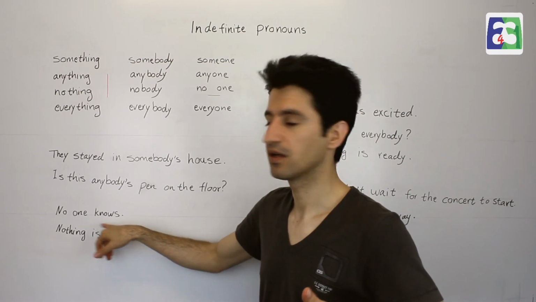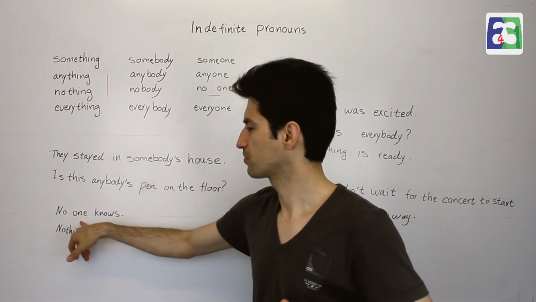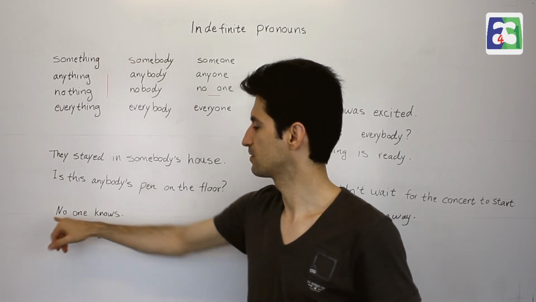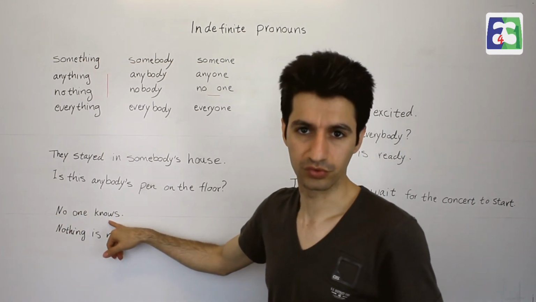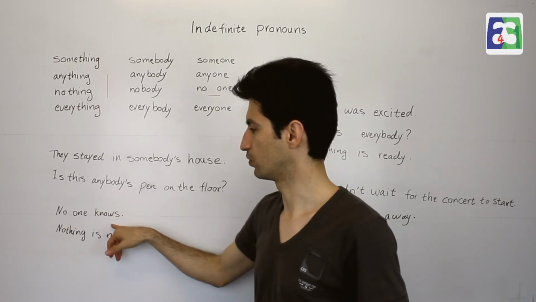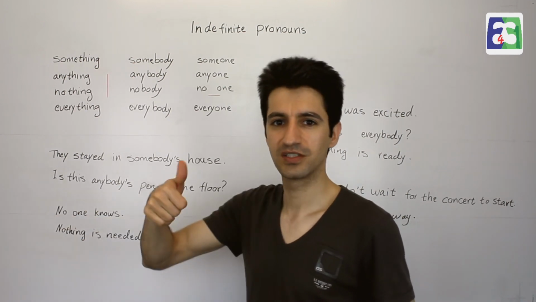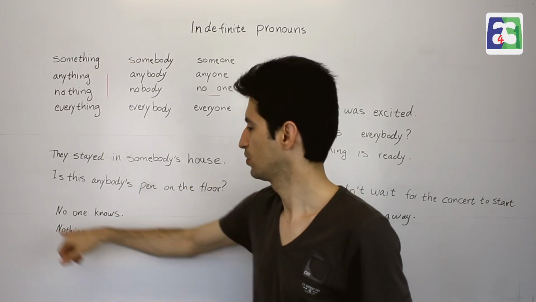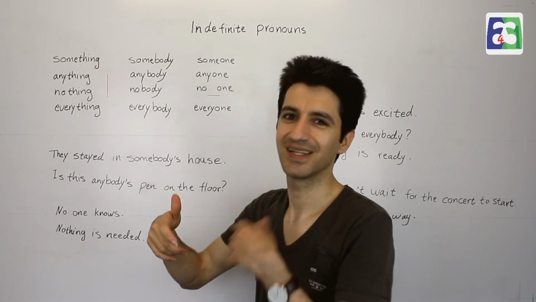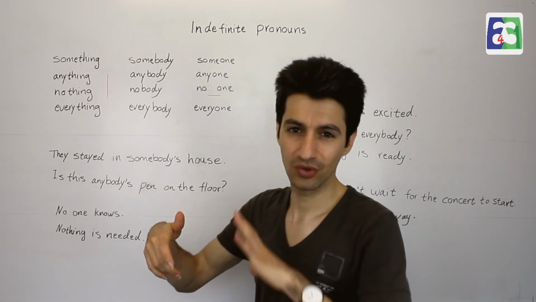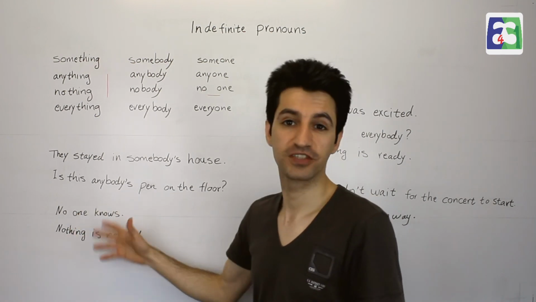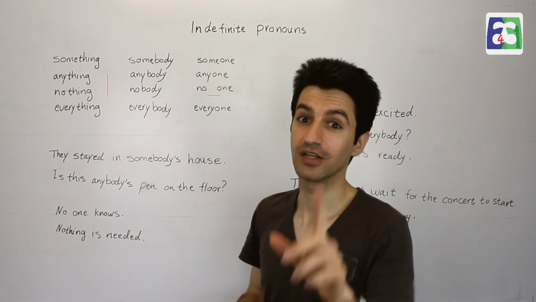Again, the same thing: because my subject is no one, because no is in the sentence, I do not need don't. So she knows, no one knows. She knows means she has the knowledge. No one knows means nobody has that knowledge. So my sentence is negative without having not.